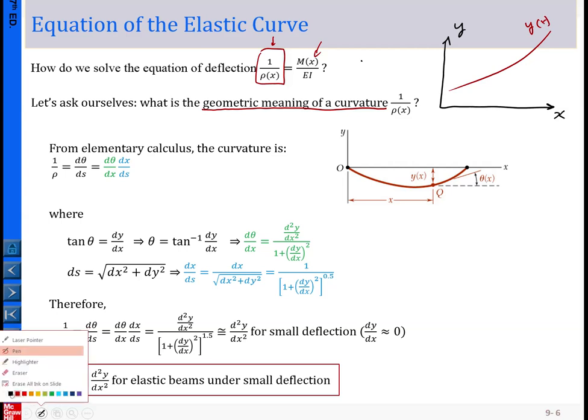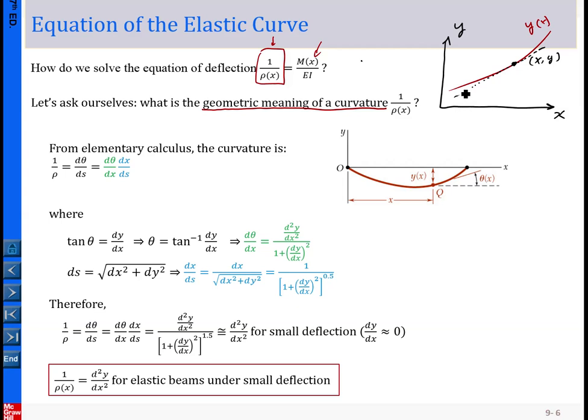Here, let me choose any point. That point has the coordinates x and y. Now let me draw the tangent line to the curve at this point. This is a tangent to this curve at this point.